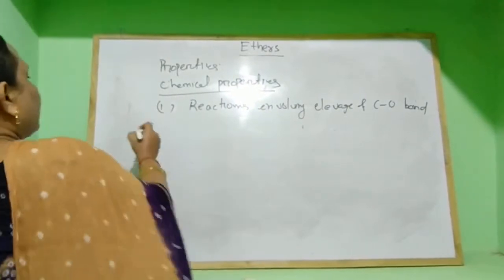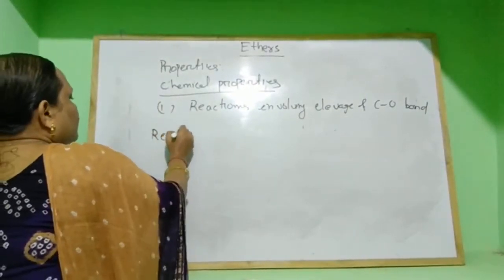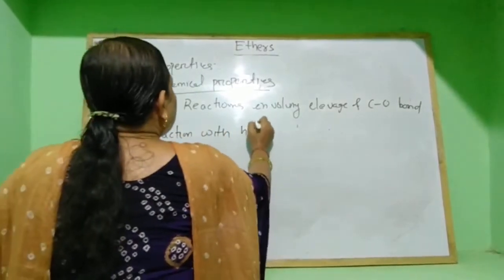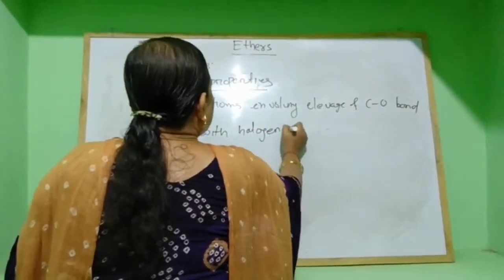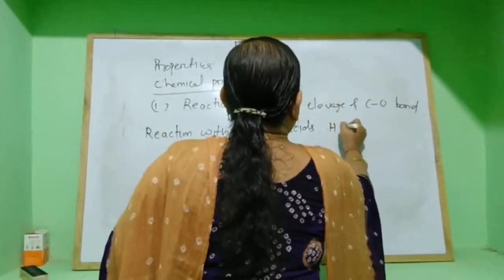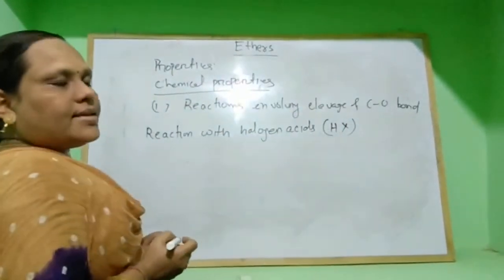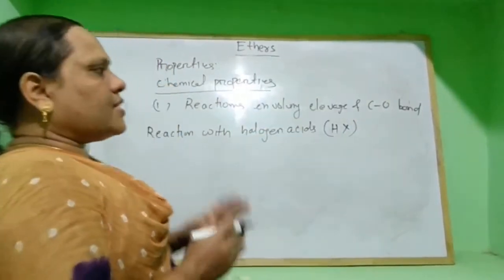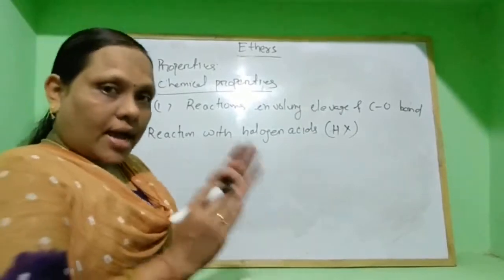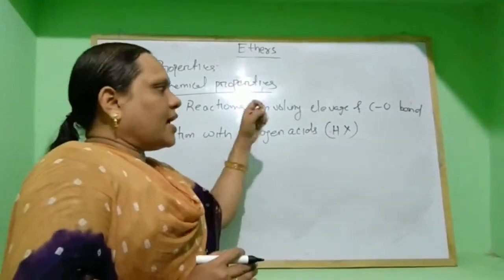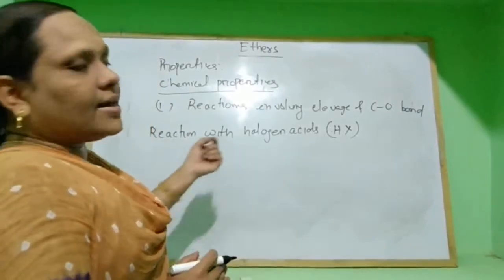First, reaction with halogen acids, HX. When ethers react with halogen acids, the breaking of C-O bond takes place, and it gives the corresponding alcohol and an alkyl halide.